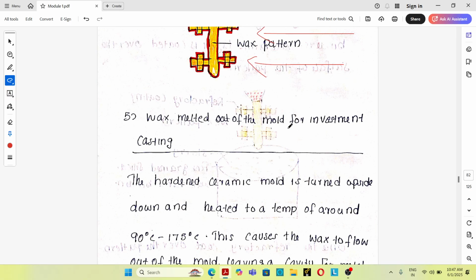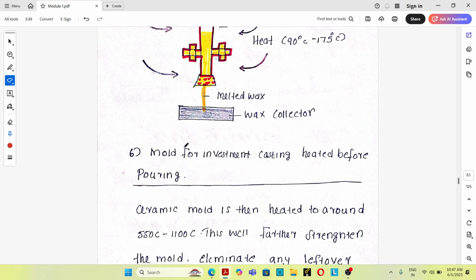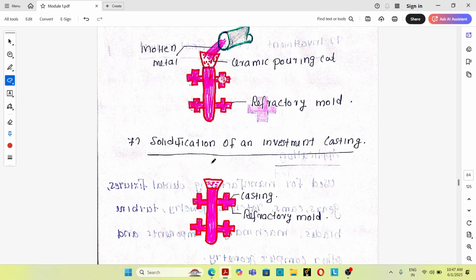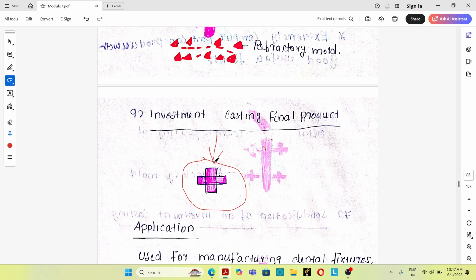Fifth step, wax melted out of the mold for investment casting. Sixth step, mold for investment casting heated before pouring. Seventh step, solidification in investment casting. Eighth step, breaking up the mold for investment casting. And ninth step, investment casting final product.